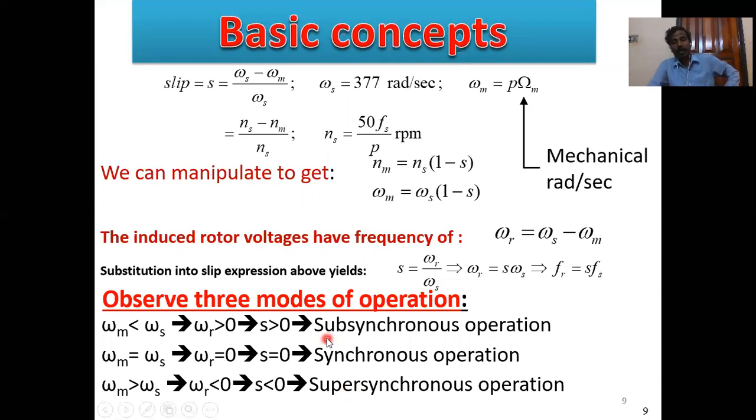The first, subsynchronous mode of operation, satisfies omega m less than omega s, or omega r greater than 0, or s greater than 0. The second, synchronous mode of operation, satisfies omega m equals omega s, or omega r equals 0, s equals 0.